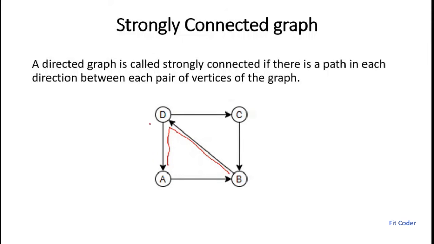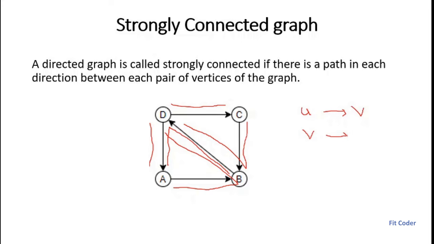Similarly, for D to A we have this path, and from A to D we can go here, then go here. For D to C we have this, and from C to D we can go like this. So for any node U, if there is a path from U to V, then there should be a path from V to U. This should happen for all U and V. If such a scenario is happening, then that graph is called a strongly connected graph.